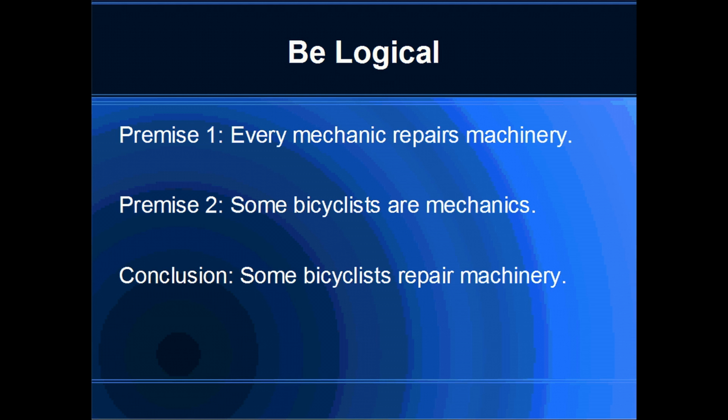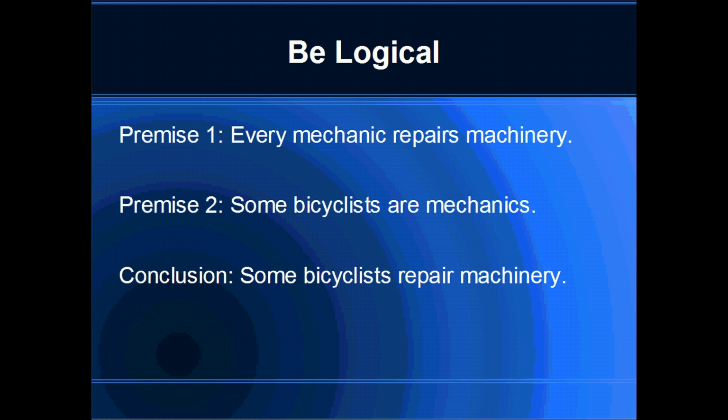Bicyclist is a category which is said to be partially subsumed, at least, under mechanics. And since bicyclist is partially subsumed under mechanics, and mechanics is entirely subsumed under repairs machinery, then bicyclist must also be partially subsumed under the category repairs machinery. Okay?